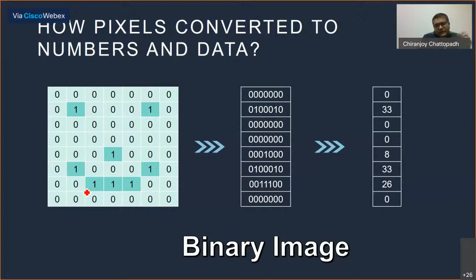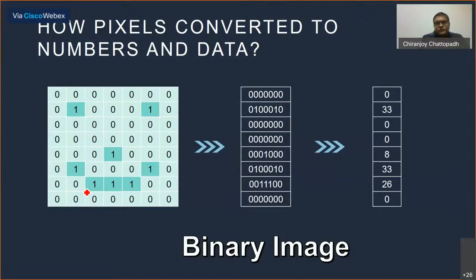Now the smiley image has become a one-dimensional array, a sequence of numbers. We have encoded it in terms of a vector or an array of numbers, where this particular array represents the smiley face.